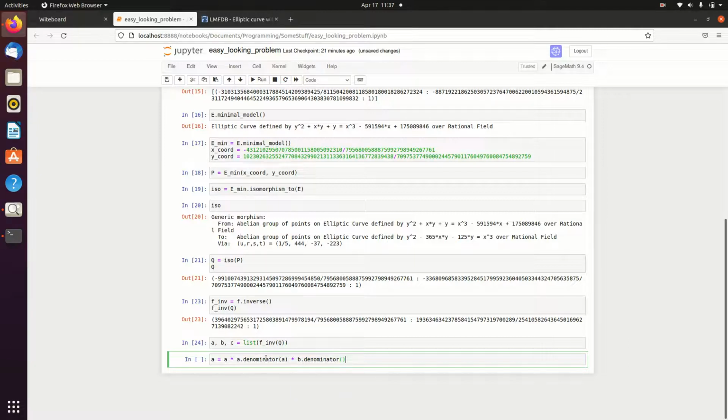That's what we want to have, and the same for B and C. Then we should get integers, and they should be positive because the numbers here are positive.